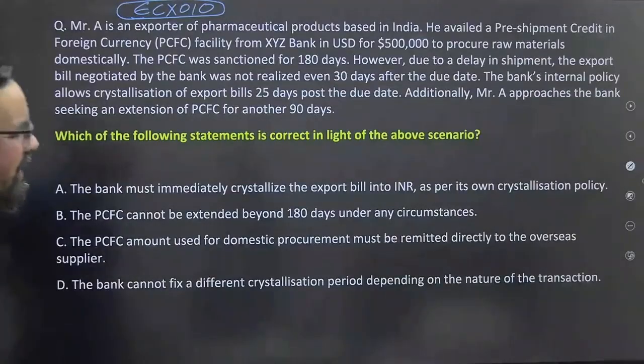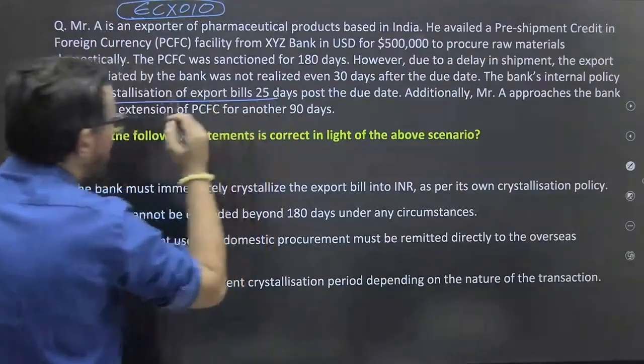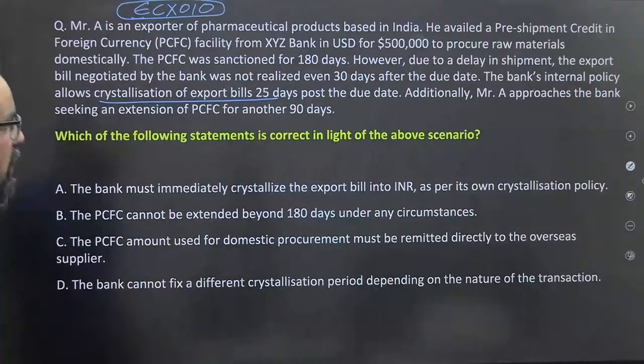However, due to delay in shipment, the export bill negotiated by the bank was not realized even 30 days after the due date. The bank's internal policy allows crystallization of the export bill 25 days post the due date. Additionally, Mr. A approached the bank seeking an extension of PCFC for another 90 days.